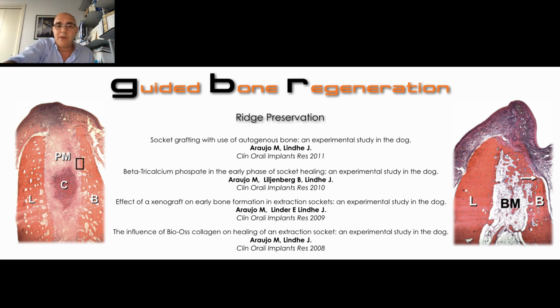They did a number of studies. They did it with basically autogenous bone. They did it with beta-tricalcium phosphate. They did it with xenograft, and they did it with Bio-Oss Collagen. All of them work. So it's really up to you, clinician, to decide what you find more convenient and better for you.